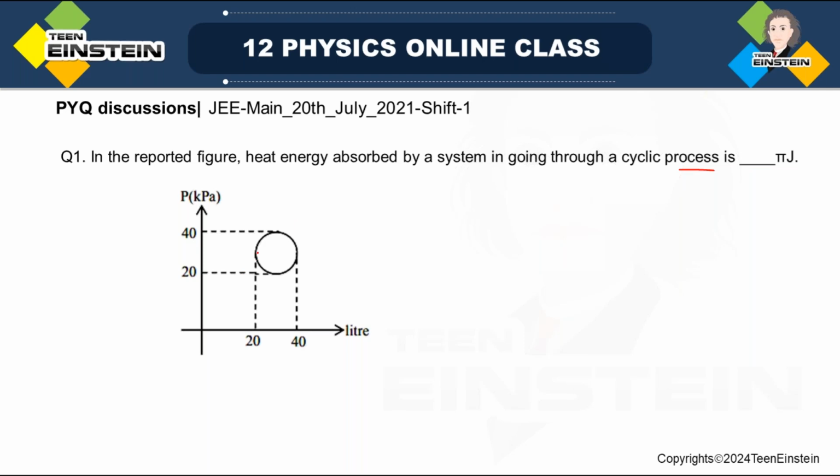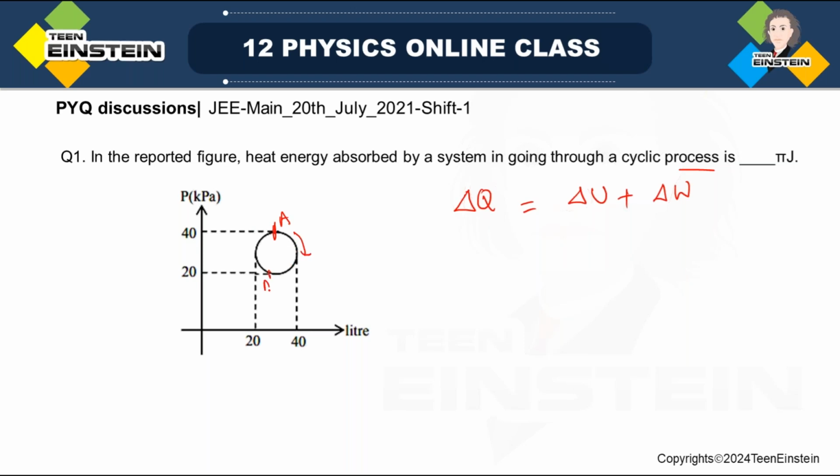This process is a cyclic process. So you know, first law of thermodynamics, delta Q is equal to delta U plus delta W. In a cyclic process, what happens if I start from here and go all the way like this?